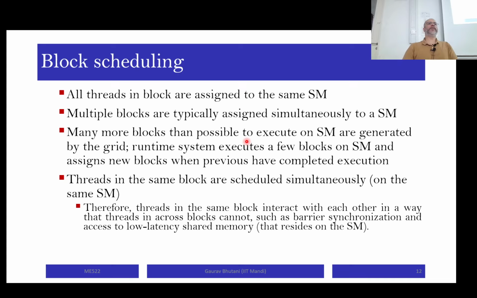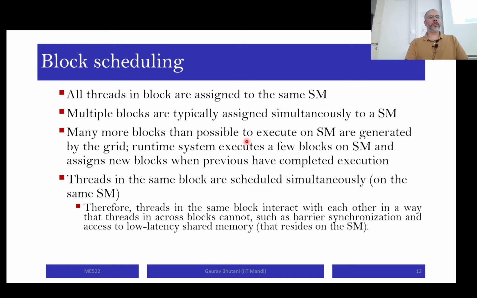Streaming multiprocessors and cores are hardware units, while blocks and threads are logical, independent threads or collections of threads launched by a program. So we have to map these blocks of threads onto the hardware that we have, which is streaming multiprocessors.